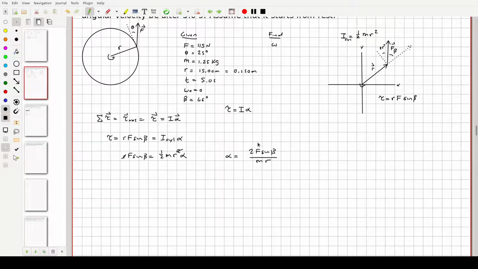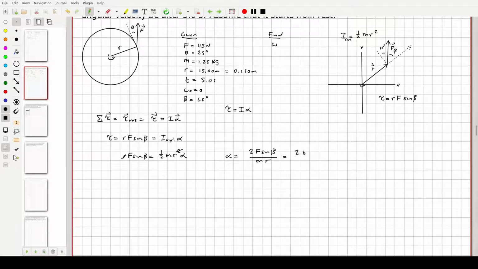And given that, what we have is a simple rotational kinematics problem. We'll just write down our three kinematics equations, and then from there, given our initial velocity of 0, we can very easily find the angular velocity after 5 seconds. But let's go ahead and find out what alpha is to begin with.